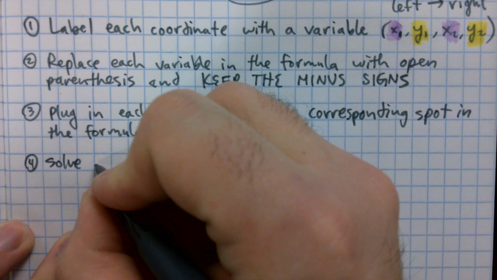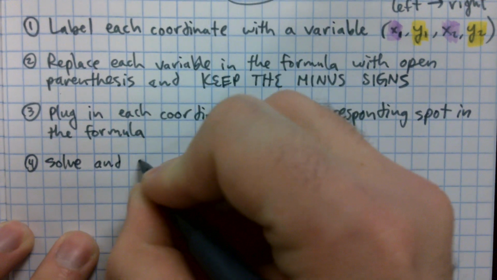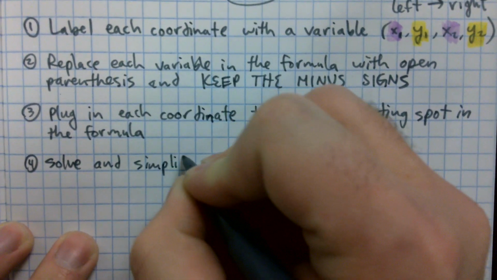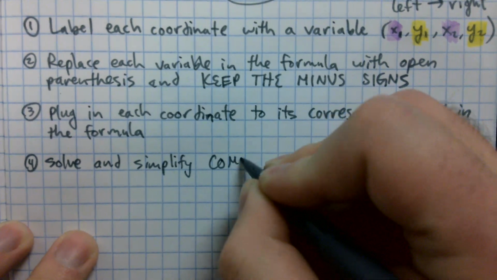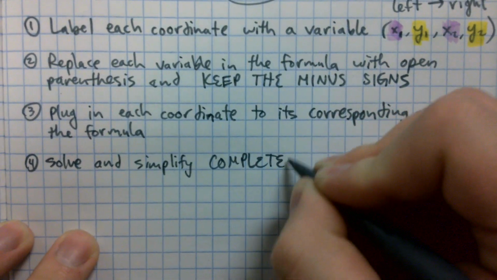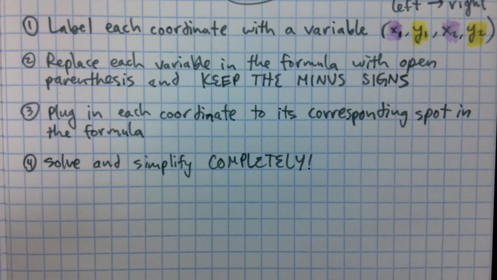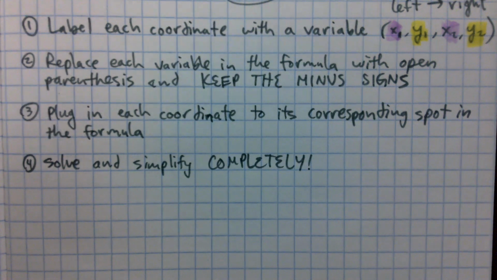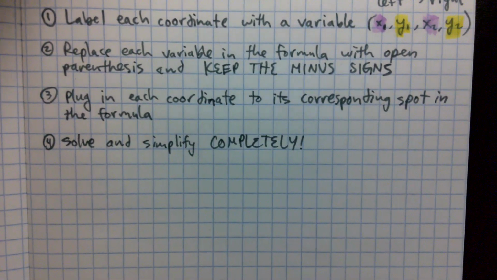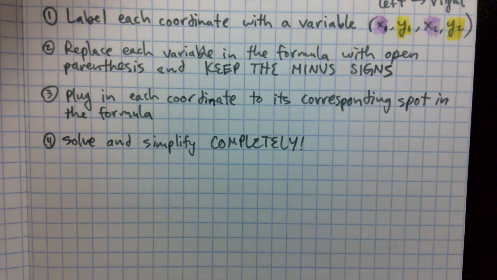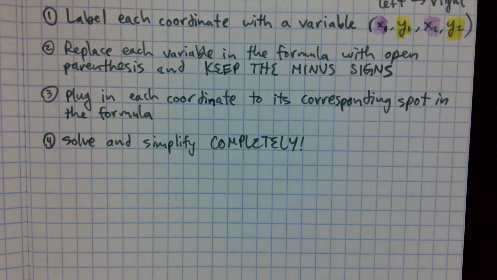Solve and simplify completely. That's our last step. As always, we want to simplify as much as we can. I'm going to give you guys time to finish writing that and let it soak in before we take a look at this in action.